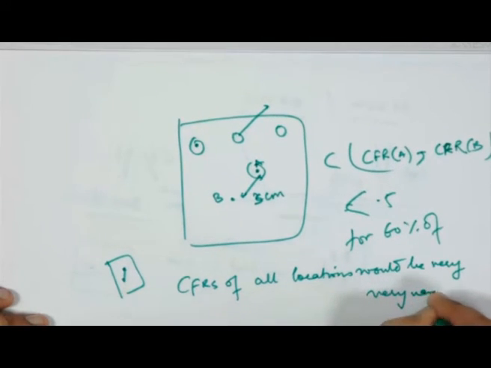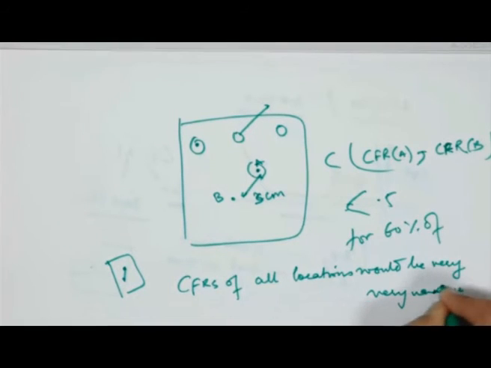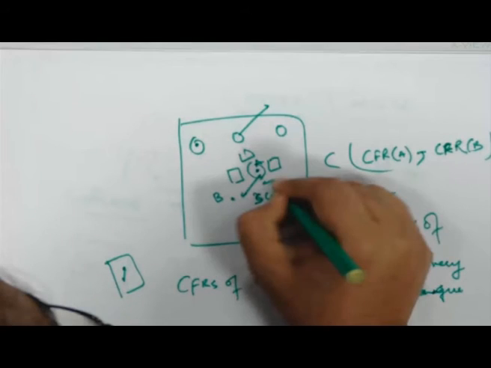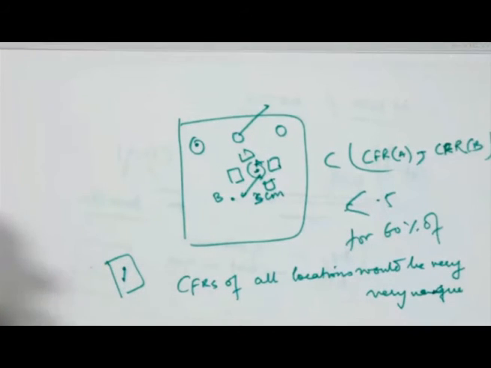It is not only that the CFRs of closing locations should be different, but the CFRs of any two locations taken apart should be very, very different. This graph actually says this.